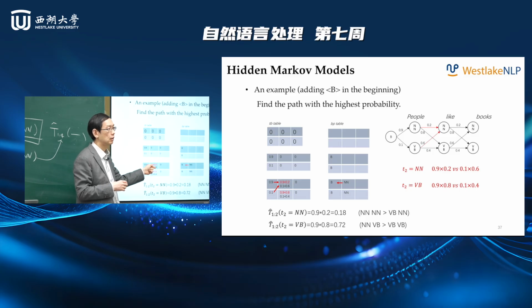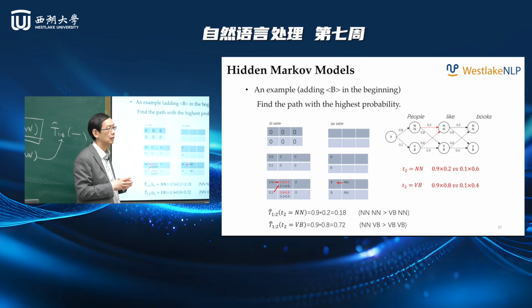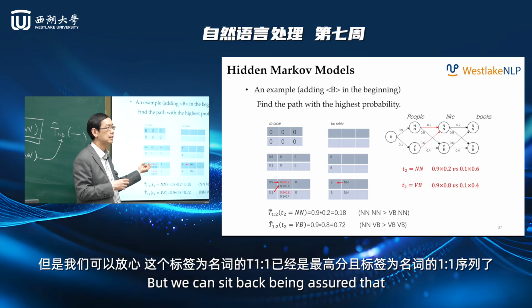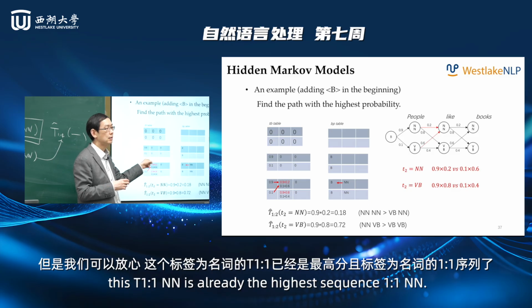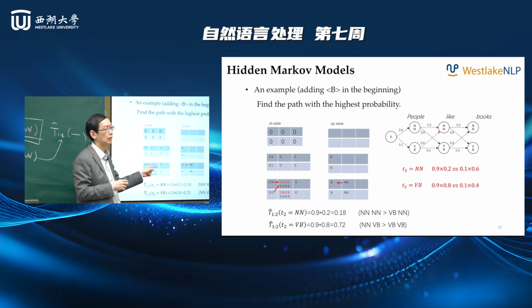The noun can also come from a verb-noun transition. But we can sit back, assured that this T1-to-1 noun is already the highest scored sequence. Also, this 1-to-1 verb is already the highest scored.